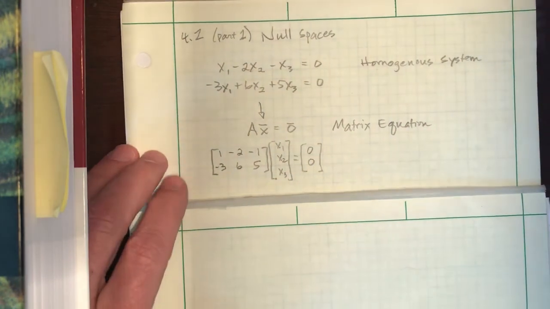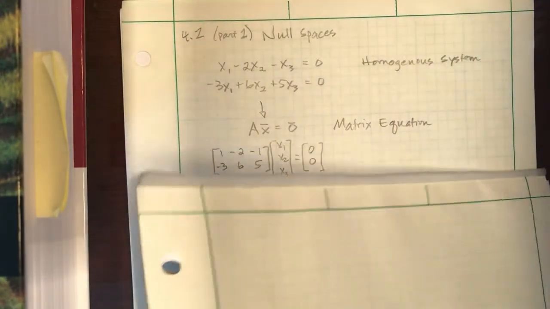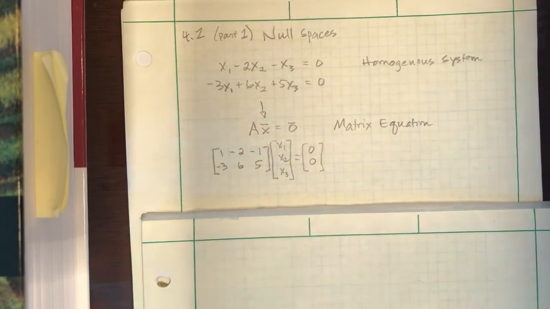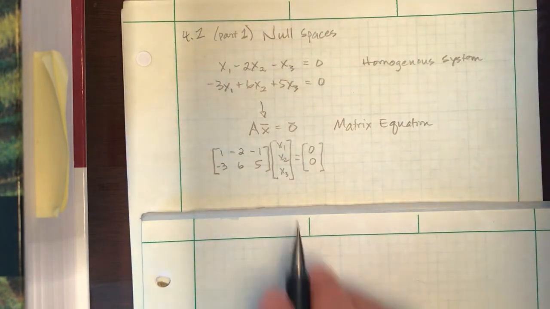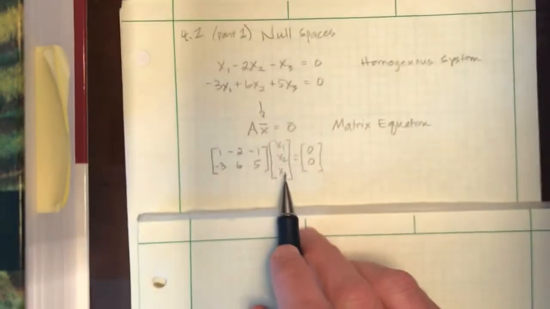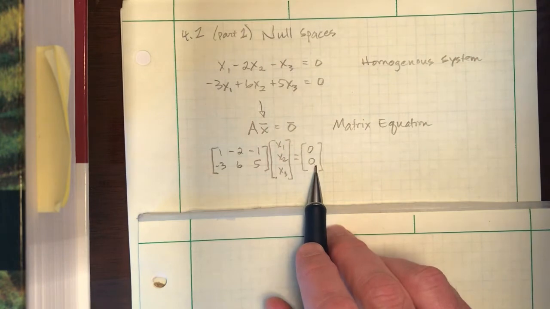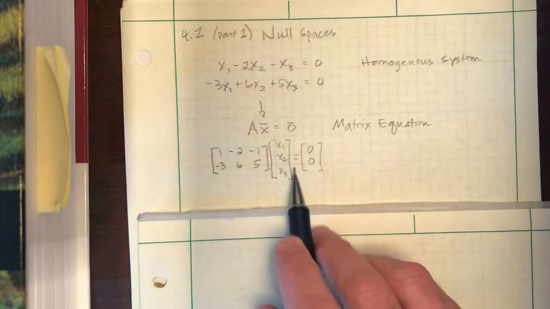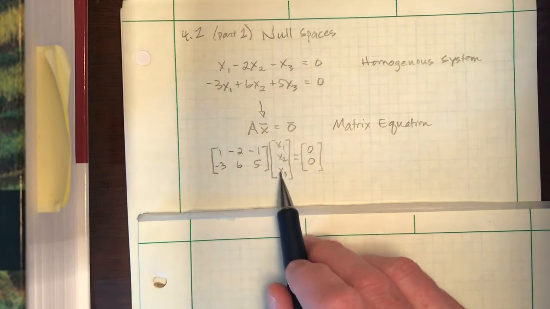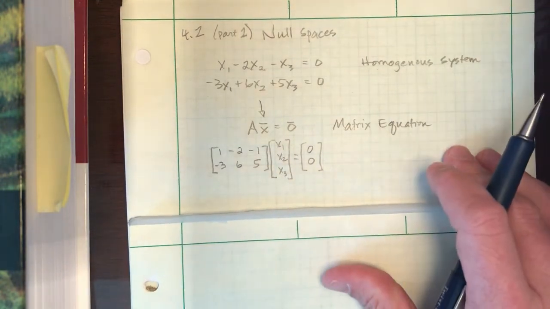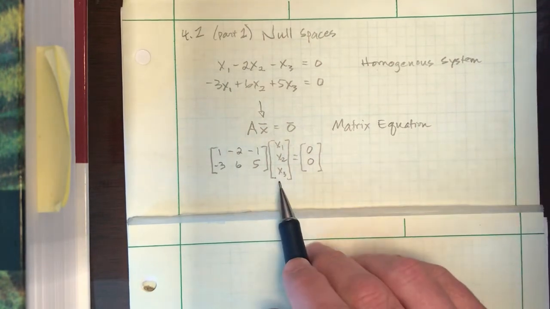So, what is it we're looking for? What is this asking us to do? This is looking for a vector in R3 that gets sent to the 0 vector in R2. And we know there's at least one solution to this, the trivial solution. But what we're more interested in is if there's more than just that.